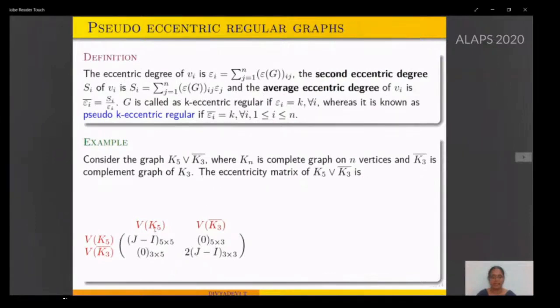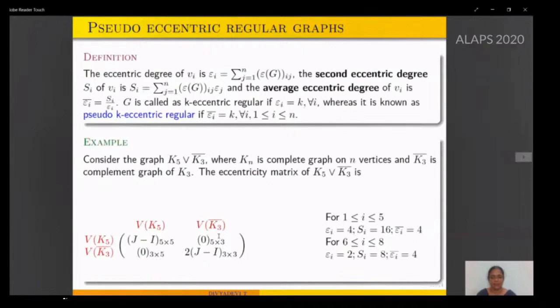Here, the average eccentric degree is a constant sequence 4, so this is a pseudo 4-regular graph, whereas the eccentric degree of the vertex V1 is 4 and the eccentric degree of the vertex V6 is 2. So this is not an eccentric regular graph.